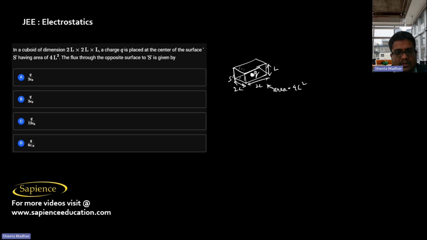Now the flux through the opposite surface to S is asked.